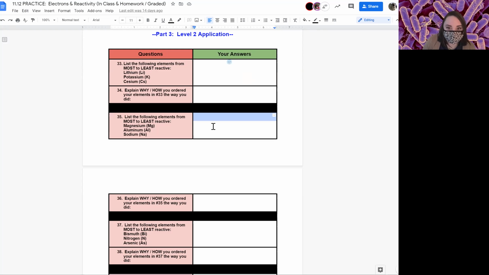All right, now let's look at number 35 and 36. We have magnesium, aluminum, and sodium. What order would I put these in from most to least reactive? You are close, Kobe, but that is not correct.